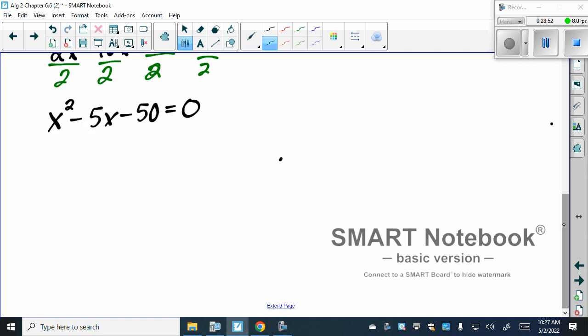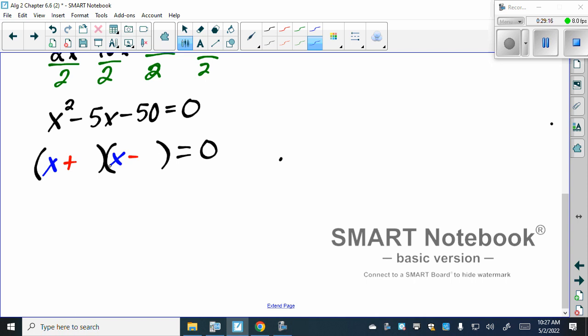When we look at this, two sets of parentheses. Since the 50, the third term, is negative, our signs are opposite. One's positive, one's negative. Our factors of x squared are x and x. Now we need to look through the factors of 50.